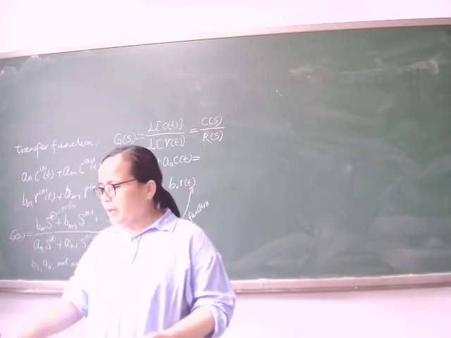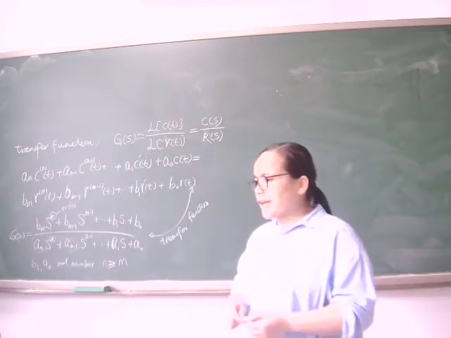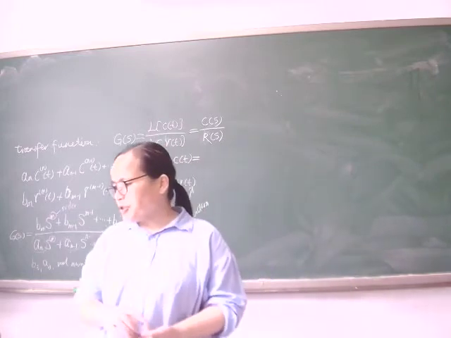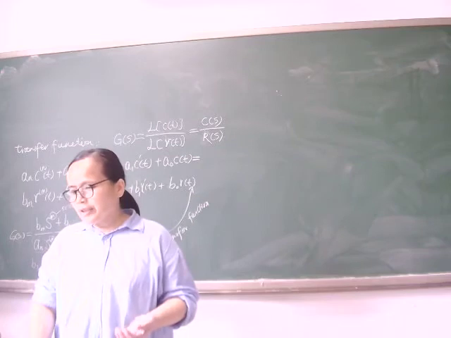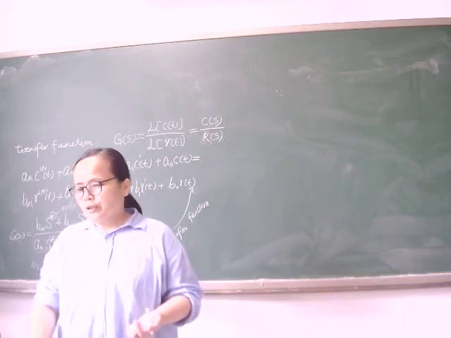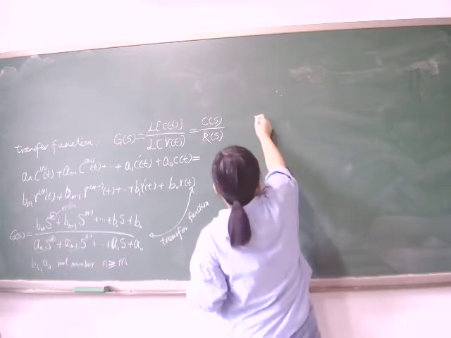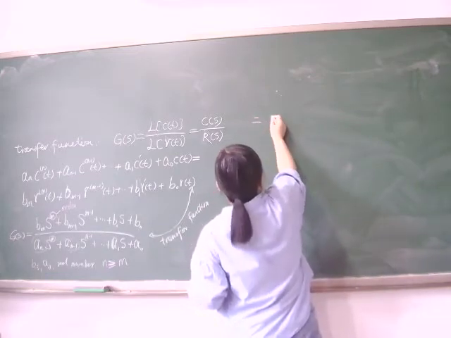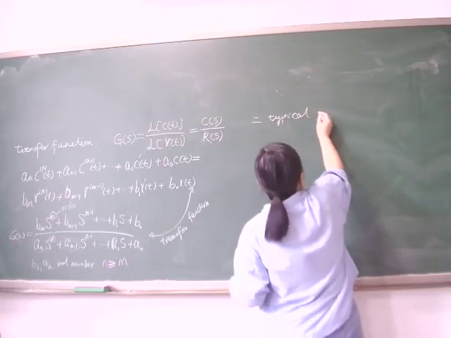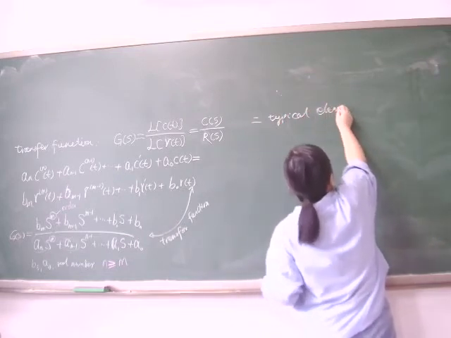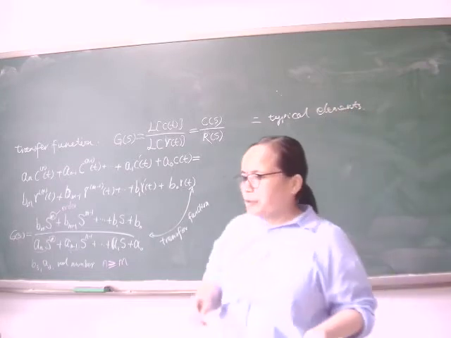Study the typical elements of a complex system. Now there are 6 types of different typical elements. Now these are the typical elements.